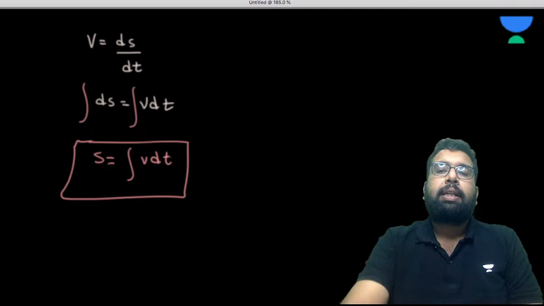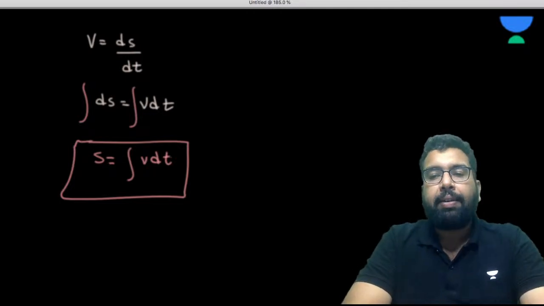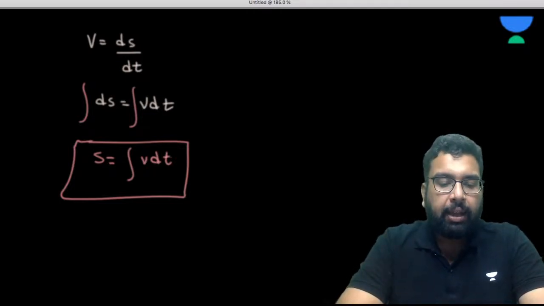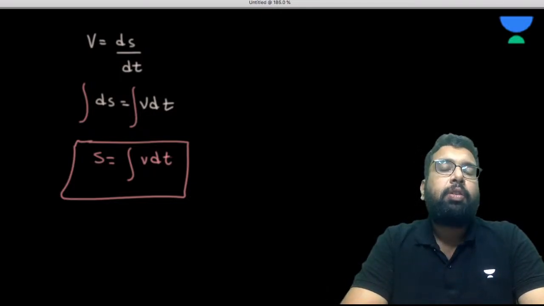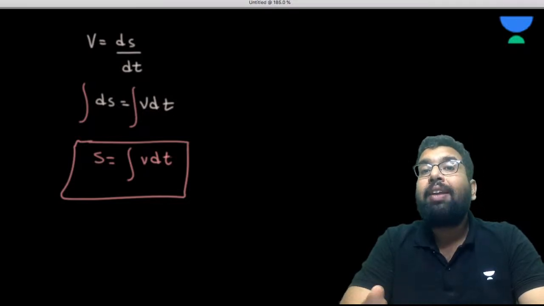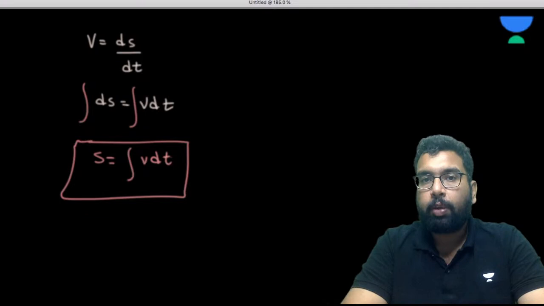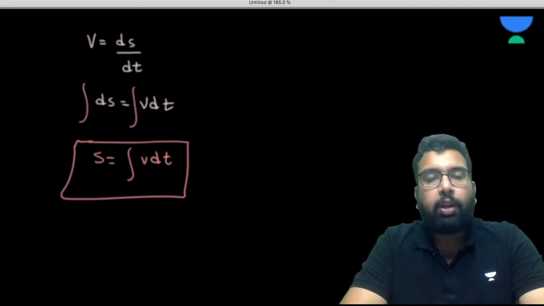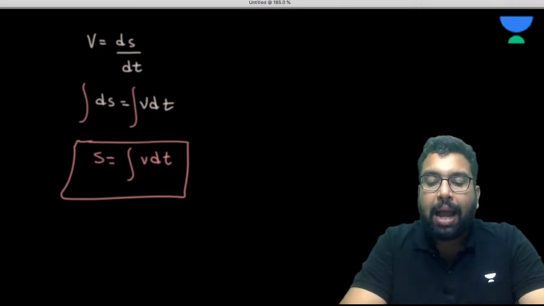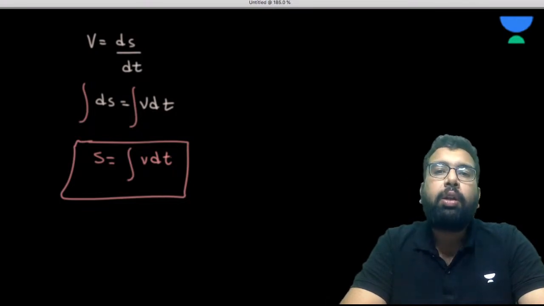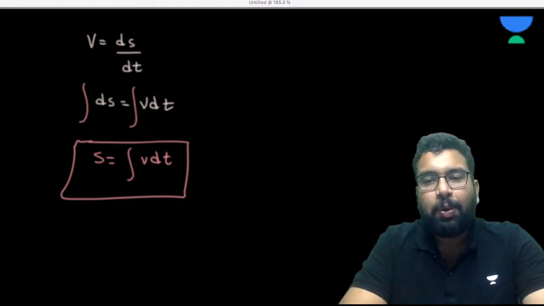Now, please understand this. If we had the displacement function, we can get the velocity by differentiating it. But what if we have the velocity? Can we get the displacement of such motion? Yes, we can, by integrating the velocity with respect to time.